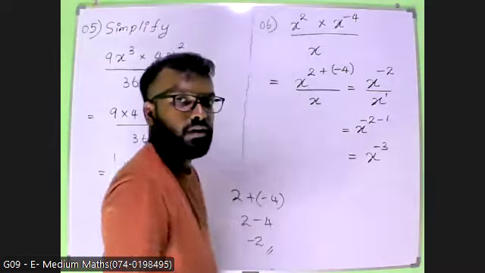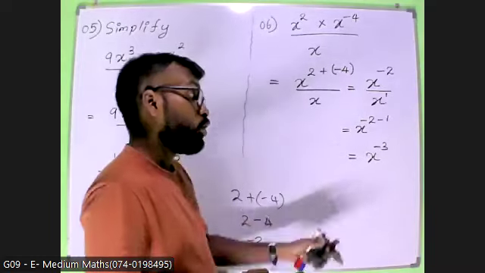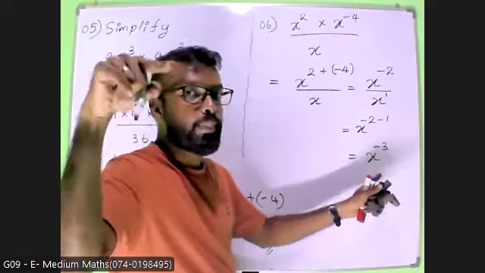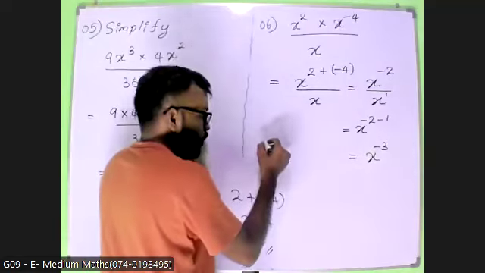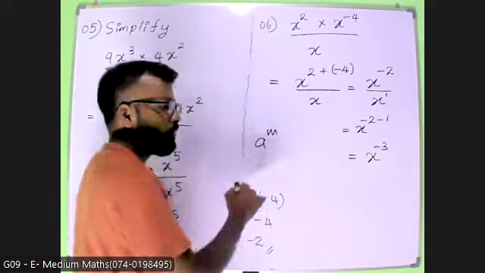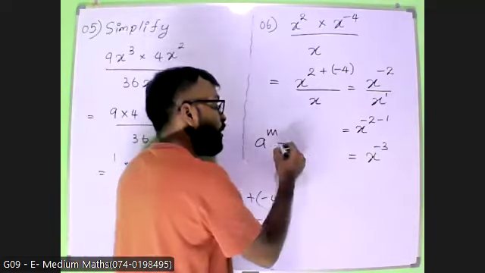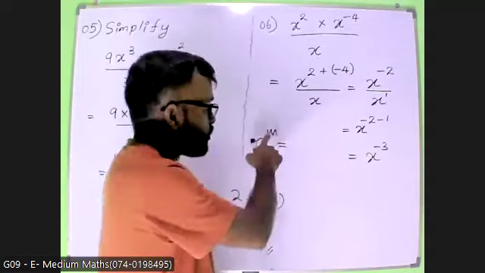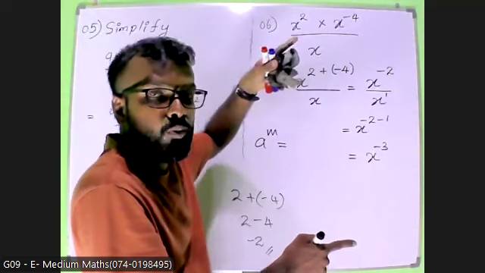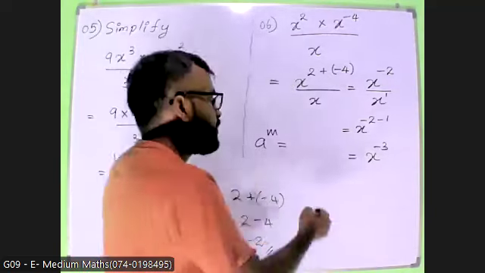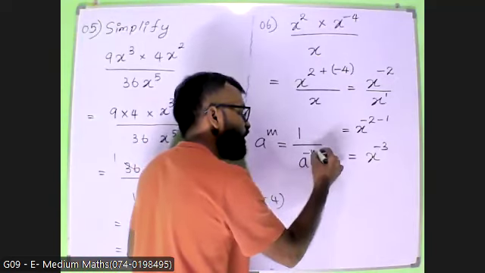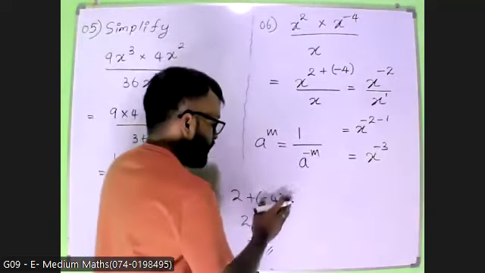Minus. If you want to make this positive, and I have told it to you in the paper, laws of indices: if you want to make a negative power positive, you have to take the reciprocal.